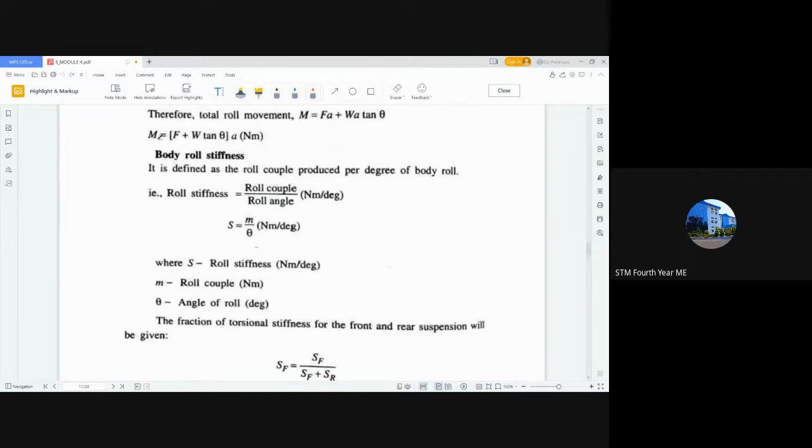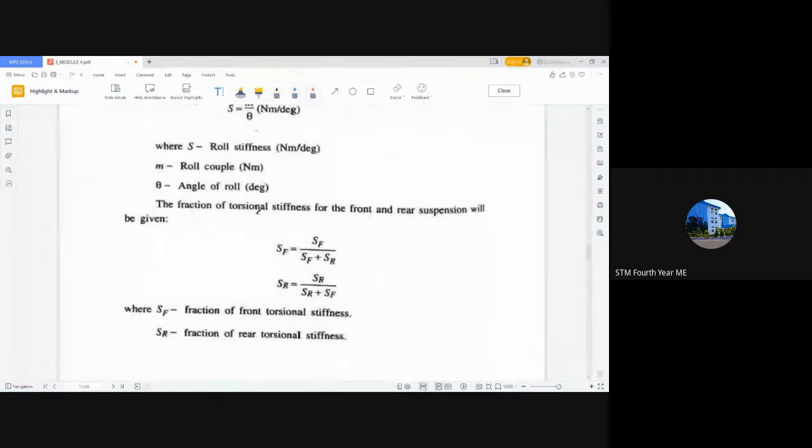It is more specifically this M, not a small m, but this M. The roll couple is equal to the total roll moment, not movement. It is moment. So that is what is body roll stiffness.